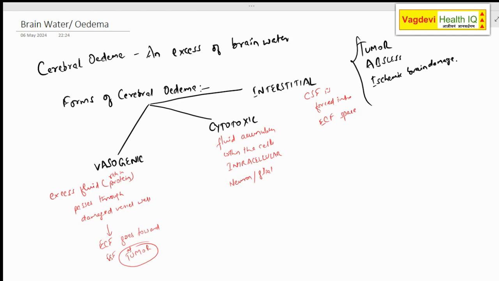So basically, if you ask me, it happens mostly in the white matter. Here, definitely in the white matter. So periventricular white matter, we say that. This is how it happens. So these three types you remember.